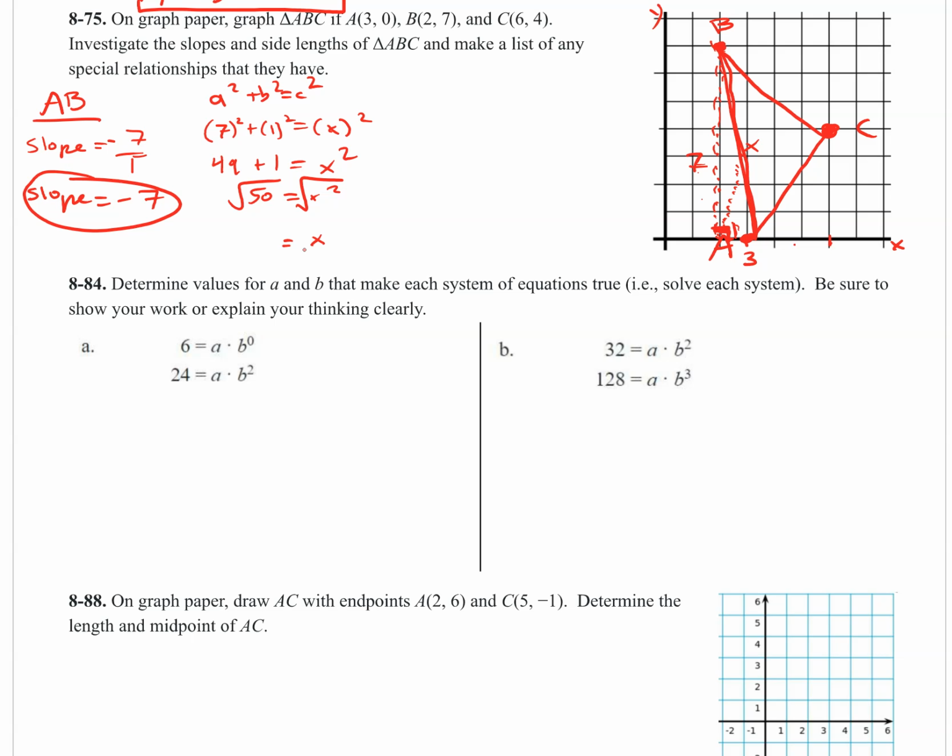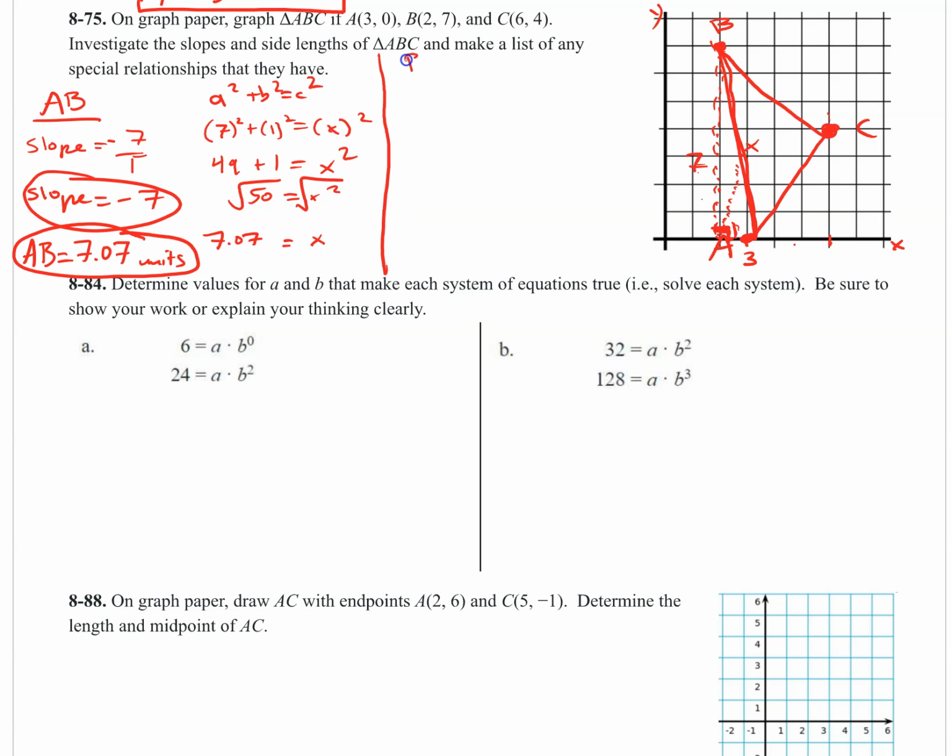I'll approximate it using a calculator, 7.07. Okay, so AB equals 7.07 units. Okay, and then repeat. I'll start the next one and then you can finish it.